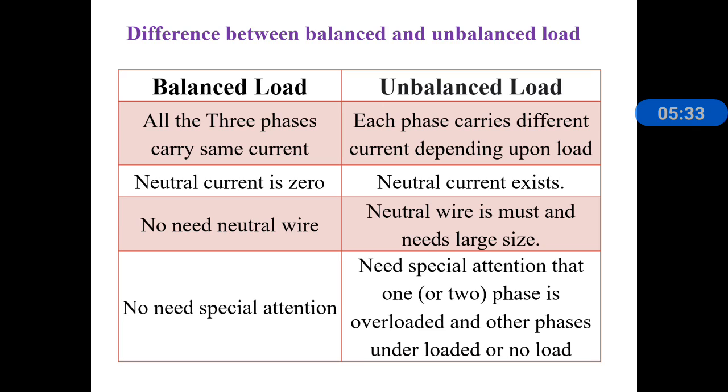So we always prefer the balanced load condition in a three-phase system. So this is the difference between balanced and unbalanced load conditions. Just remember, in the balanced condition all the voltages are equal and currents are equal, but in the unbalanced condition all three phases carry different voltages and different currents. These are the main points in the balanced and unbalanced load conditions.